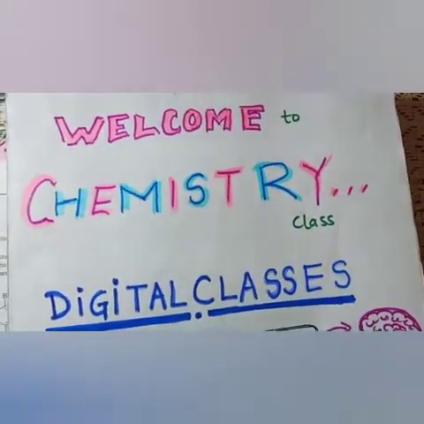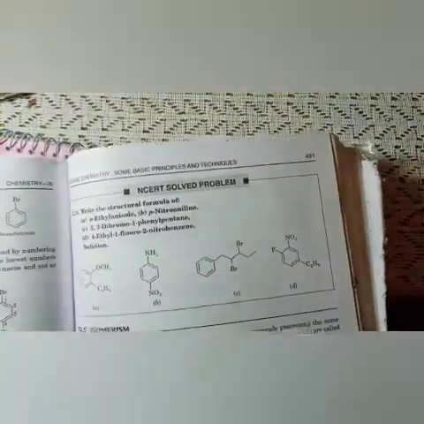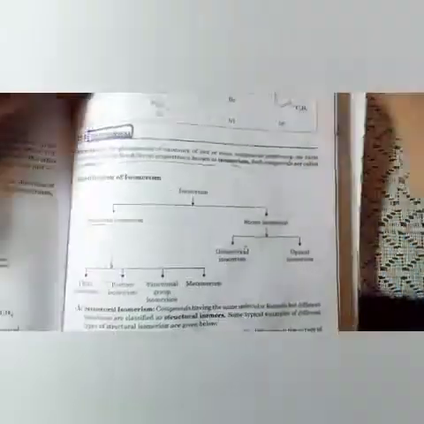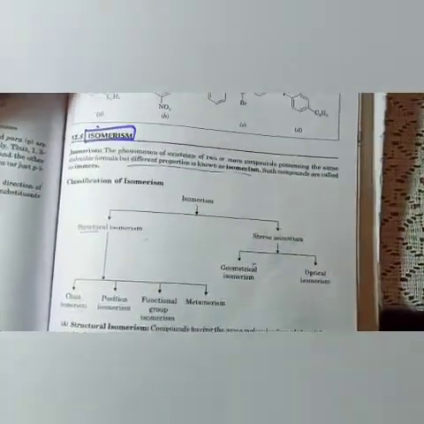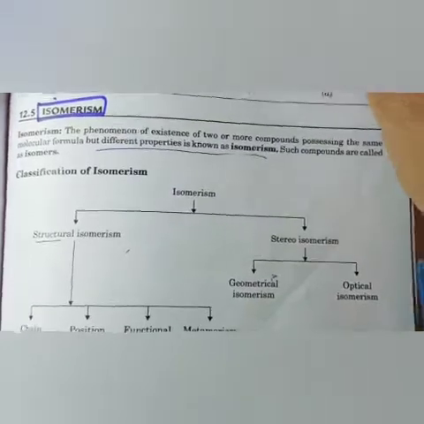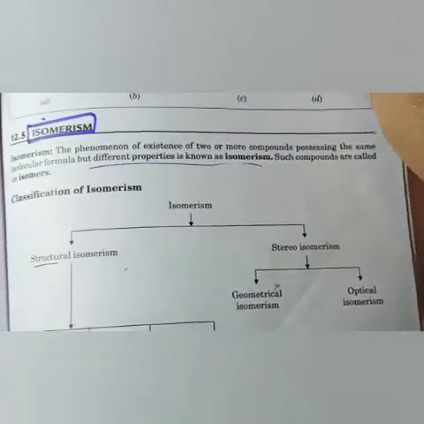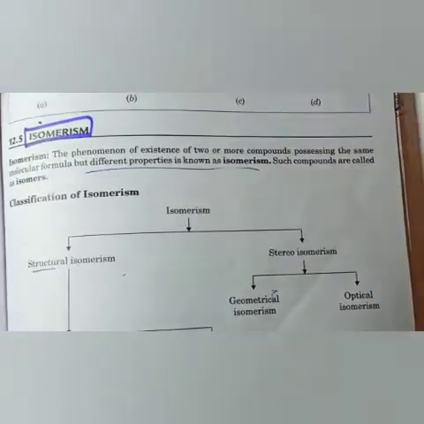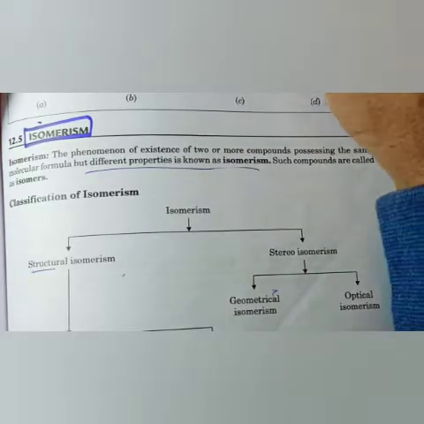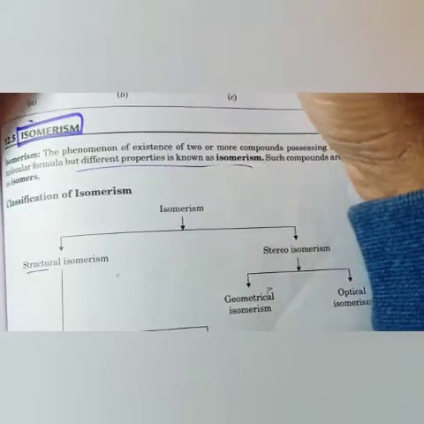Okay, so today I'm going to tell you about today's topic, that is isomerism. Dear students, I think you might have seen a type of person who comes in different roles but is the same person. बहुरूपीय, जिसको हम बहुरूपीय बोलते हैं.